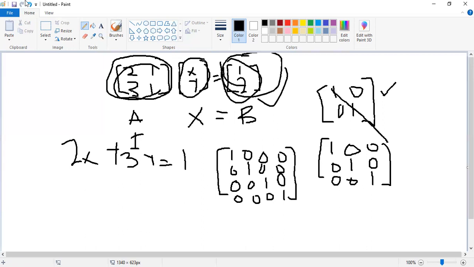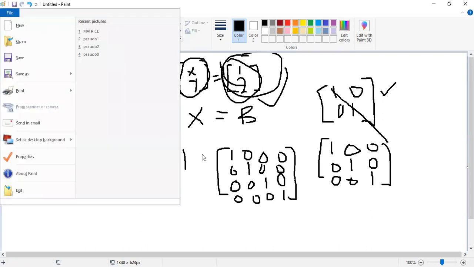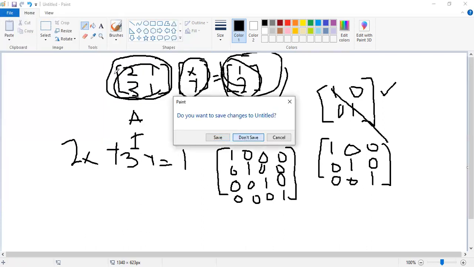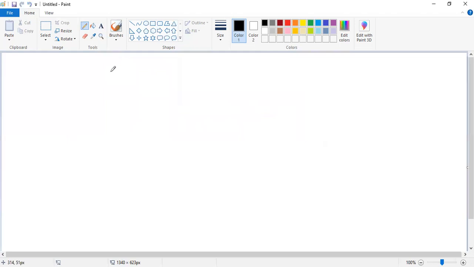So in the Gauss-Jordan method, we are asked to convert the main matrix, which is matrix A, and then the resource, which is matrix B. But in this case, we'll be converting the matrix A to an identity element.